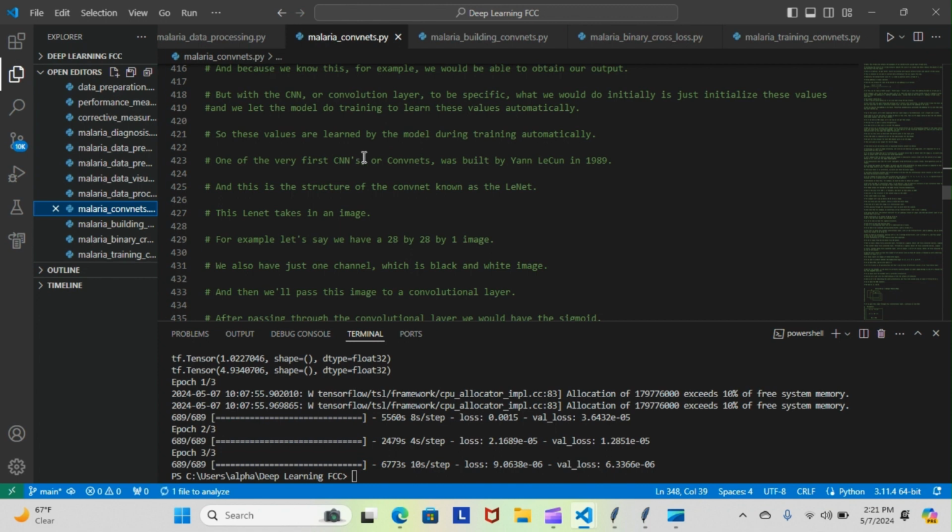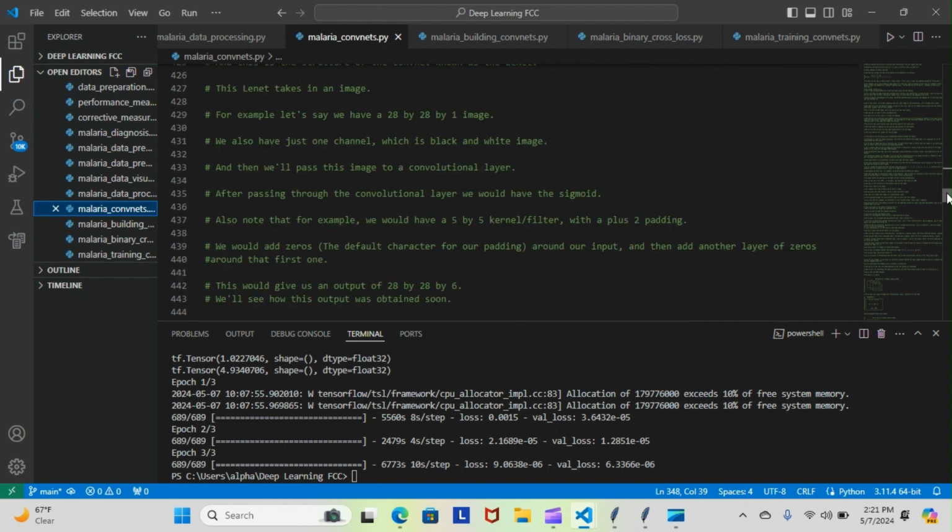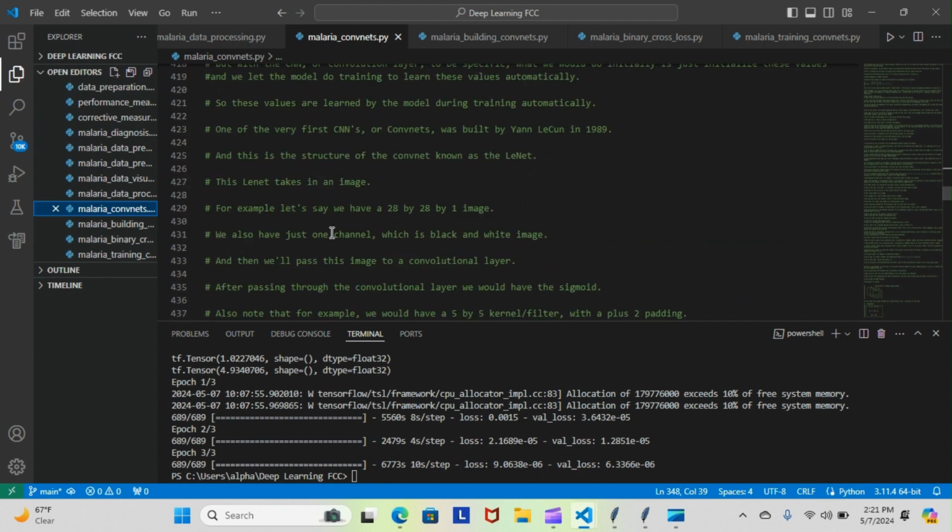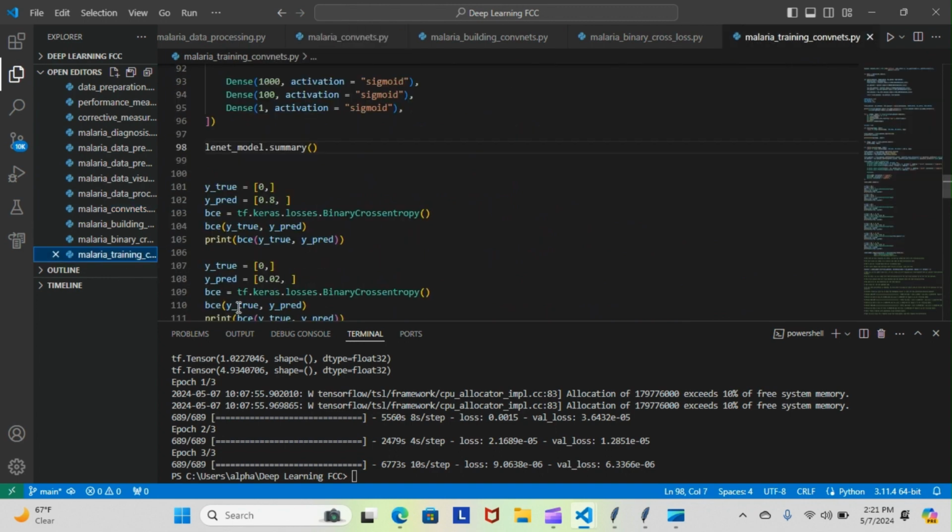One of the very first CNNs, or ConvNets, was built by Yann LeCun in 1989, and this is the structure of the ConvNet known as LeNet. This LeNet takes an image. That's why we're using the LeNet model here, because as you recall, we're using images in this training model to tell us if our images of cells are parasitized or uninfected. That model is specifically geared towards images.